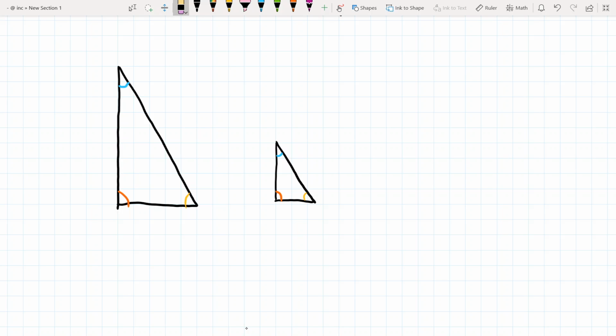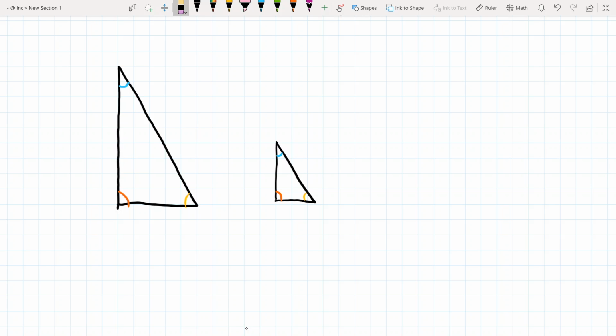The reason is that you know that the 3 angles of a triangle add up to 180 degrees. Any triangle you have, the 3 interior angles must add up to 180.